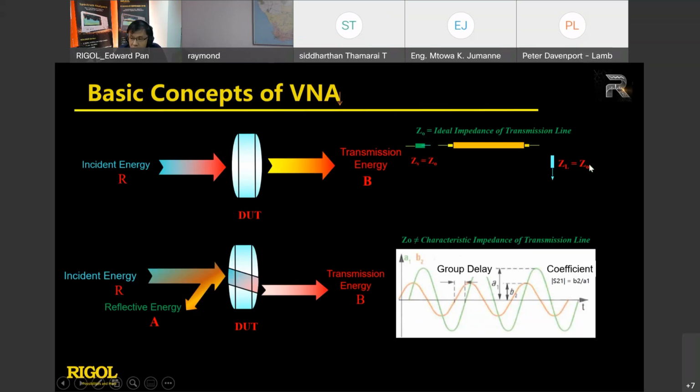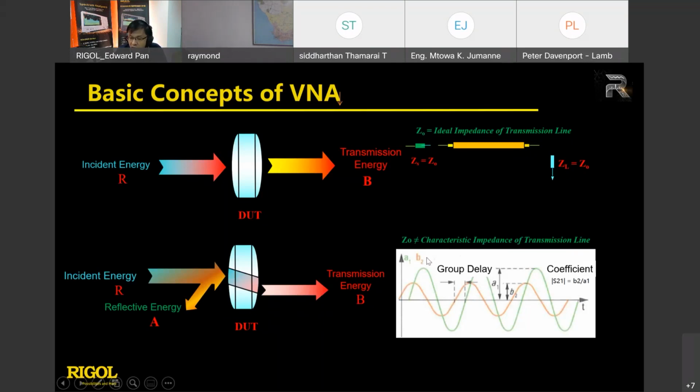If the load impedance is matched to the transmission line impedance, that means the energy can be transmitted from the transmission line to the load perfectly and without any loss. If the impedance is not matched, we will have reflected energy beside the transmitted energy.